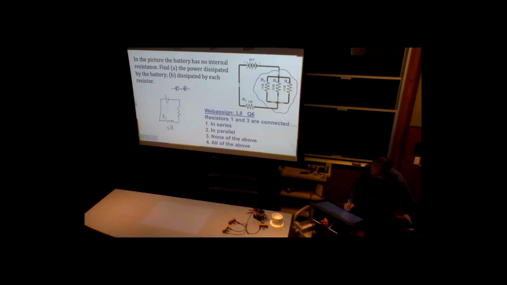Please, anyone, tell me what R2, 3, 4 equivalent is supposed to be equal to. What do you say? 5, yeah. That's a situation when we actually should use the time-saving approach. If we have 3 identical resistors connected in parallel, the equivalent is just 1/3 of the individual. So 15 over 3, 5.